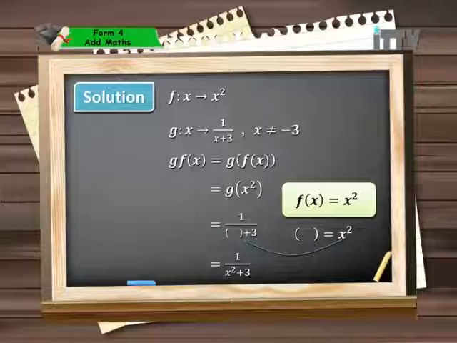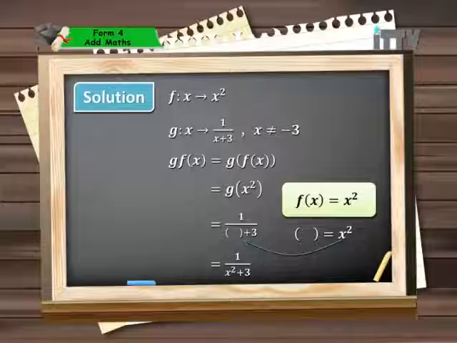It is the function that is closest to the letter x, that is f. So f changes x into x squared, and therefore the image resulting from f(x) is x squared. That image becomes the object for the function g. As you can see, that's the reason why we want to find g of x squared.